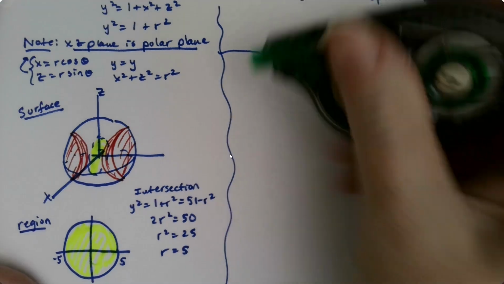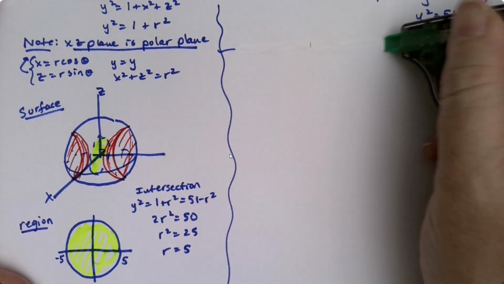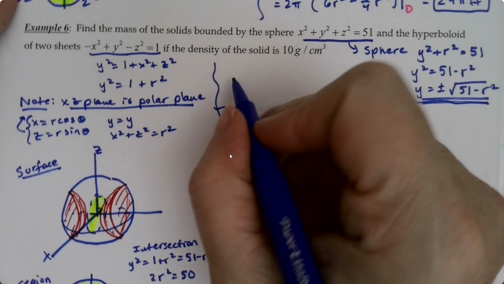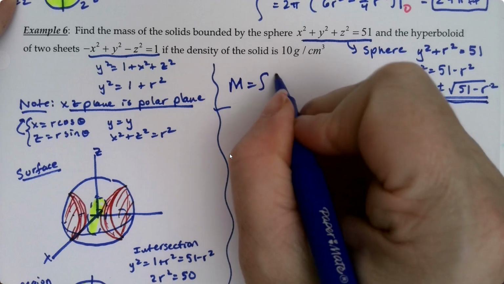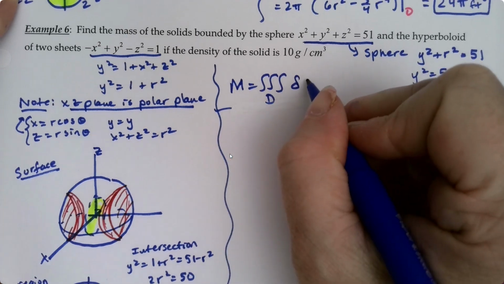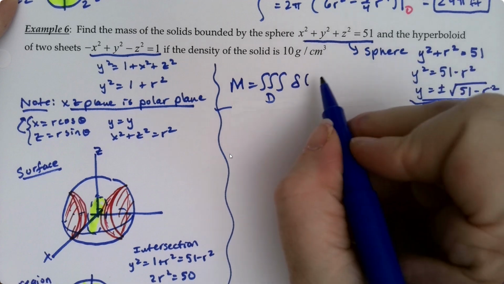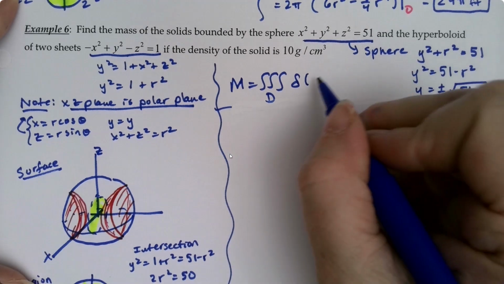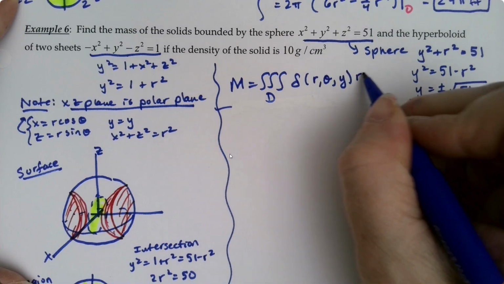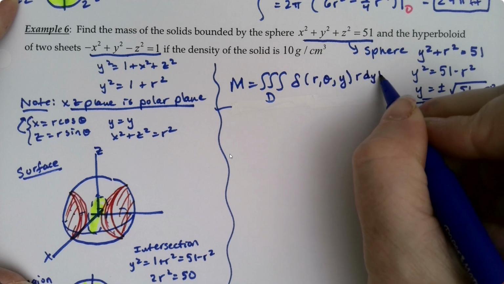Okay, so we want to find the mass. Mass is the triple integral over the solid of some density function. In our case, it'll be of r, theta, y as our variables, and then r dy dr d theta, right?